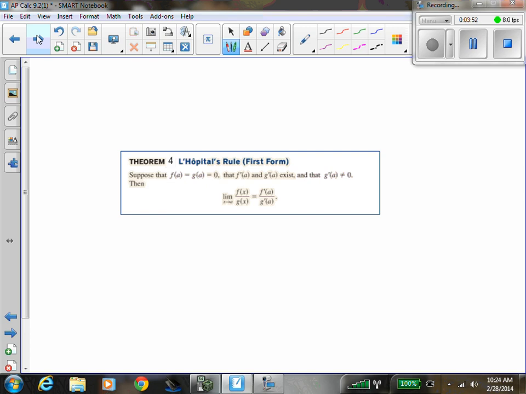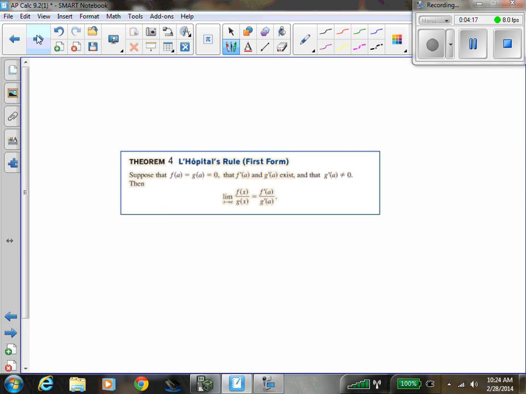Now, this is what it says. Suppose that at the number A, f of A and g of A are both 0, and suppose that the derivative of f at A and the derivative of g at A exist, and that the one in the denominator is not 0.